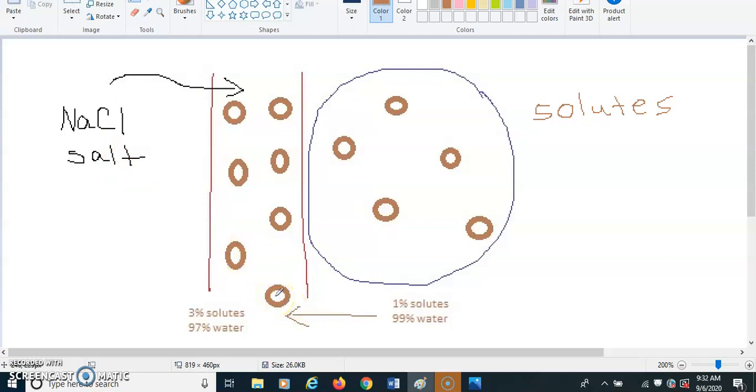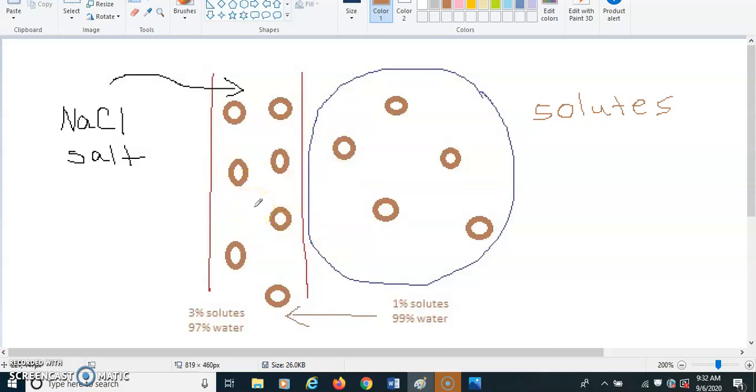So at this point, remember, if these solutes could move, they would move across the plasma membrane from this area of high concentration to low concentration and equalize, get equal numbers on either side. But remember, the solutes do not move easily across that plasma membrane, and they only do it if the plasma or cell membrane allows them to. So in this case, it's not allowing them to.